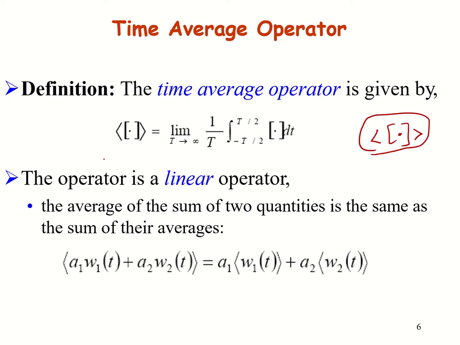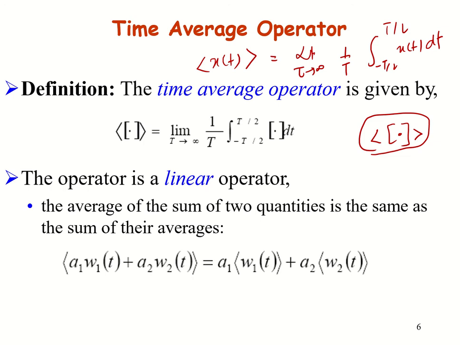For example, if I want to calculate the DC value of x of t, this is my signal. This will be equal to the limit as T approaches infinity of 1 over T times the integral of the signal over one time interval. This will give me the DC value of that signal.